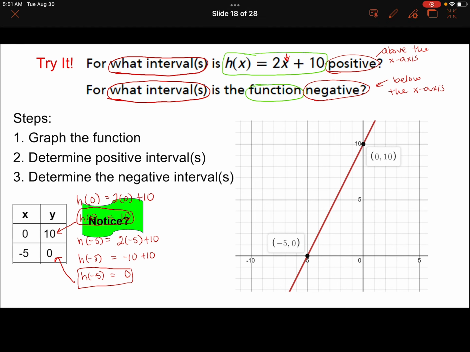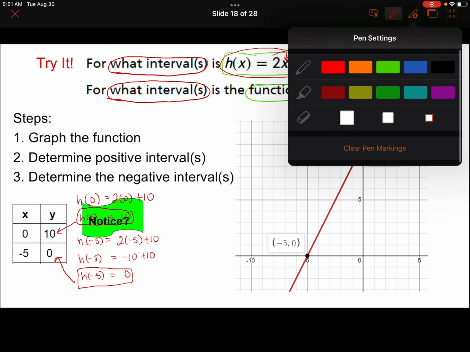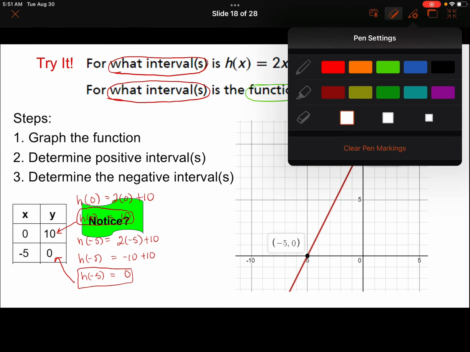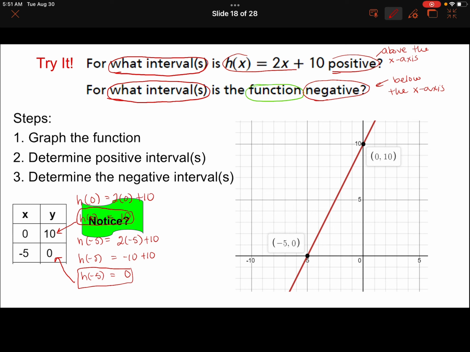So again, let me go back to my question. What does this equation look like? It looks like the slope-intercept form, right? For slope-intercept form, you need your slope and y-intercept.